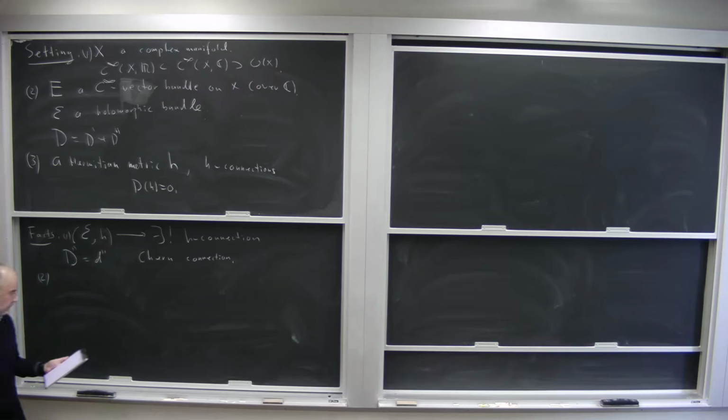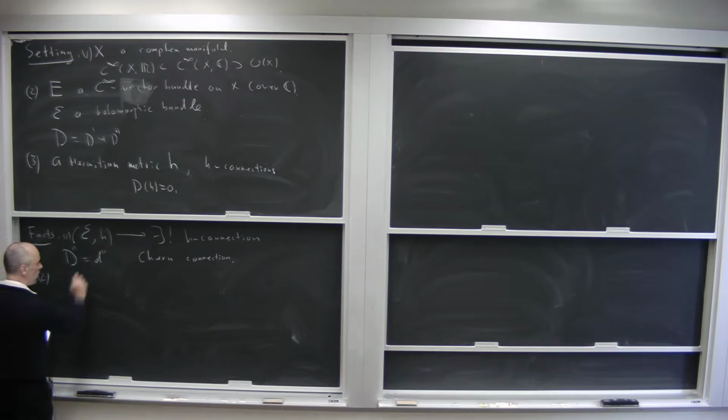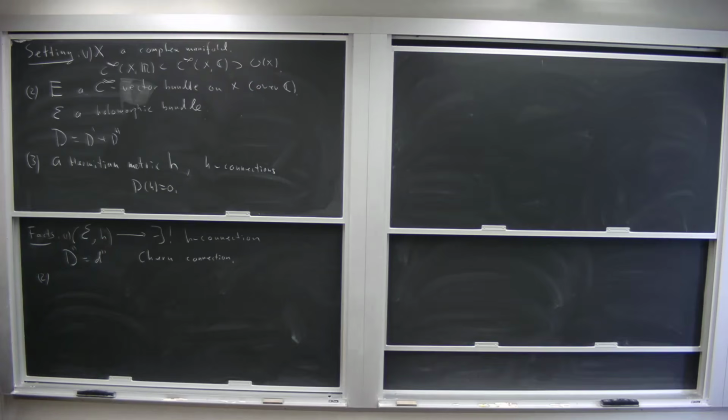And then another one, even simpler, is that for such connections, if I have the anti-holomorphic part being given by the Dolbeault, and it is Hermitian, then both the holomorphic and anti-holomorphic part of the curvature vanish.